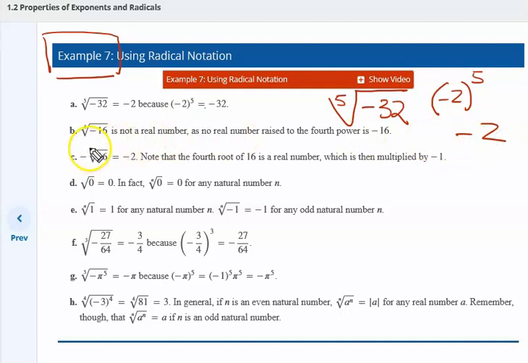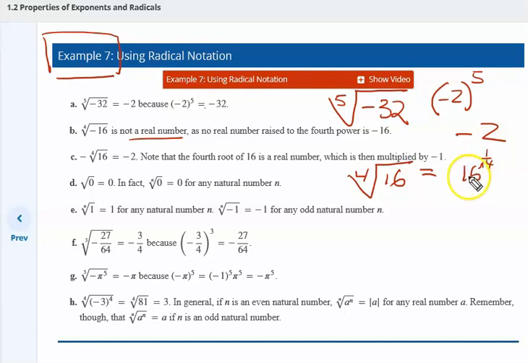All right, going on to this one. Now here, it's an even index, 4, and a negative. So this is not a real number. And this one now, with the negative sign outside, when we take the fourth root of 16, remember this could be 16 to the 1/4 power.